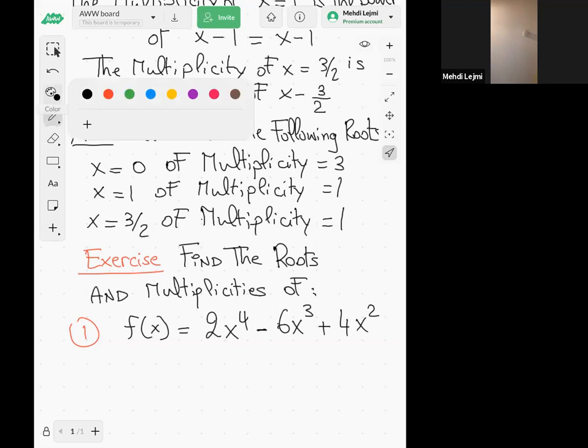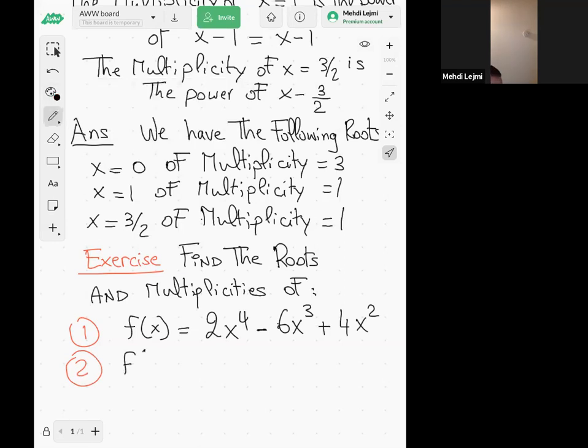Number 2, f of x is x cubed minus 4x squared minus x plus 4. All right. Okay, guys, so we have 5-10 minutes to find the roots and multiplicities of these functions f of x.